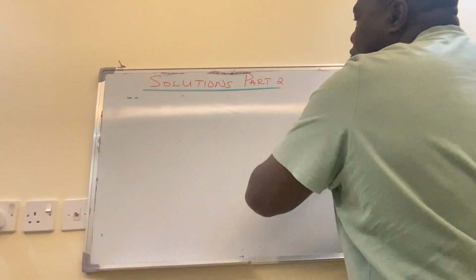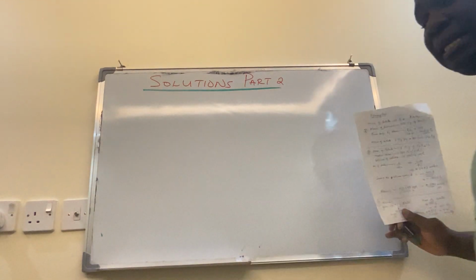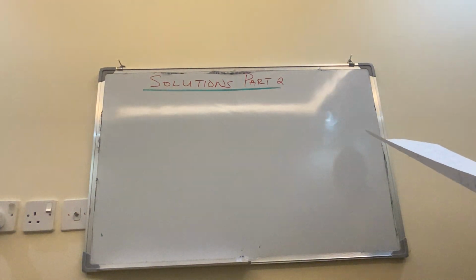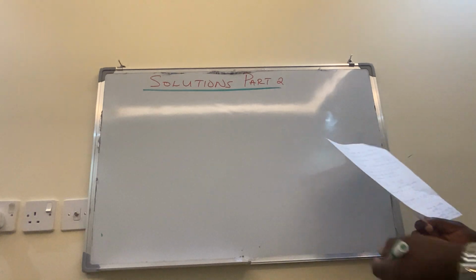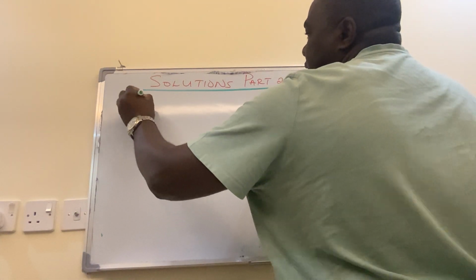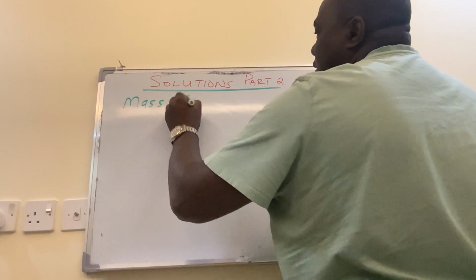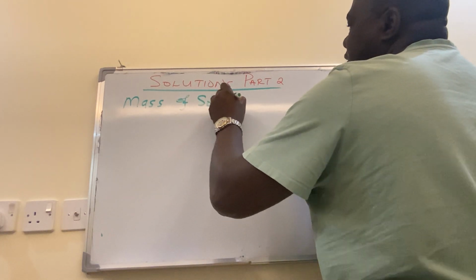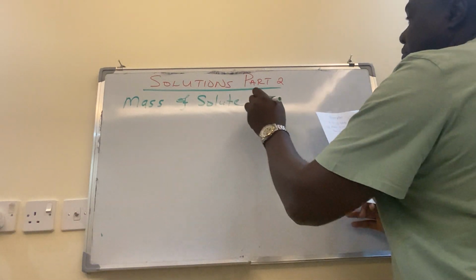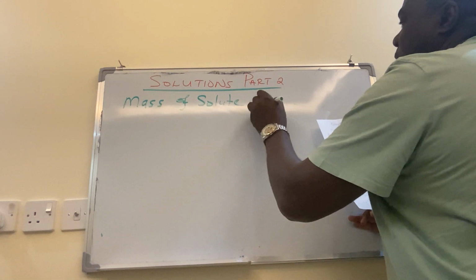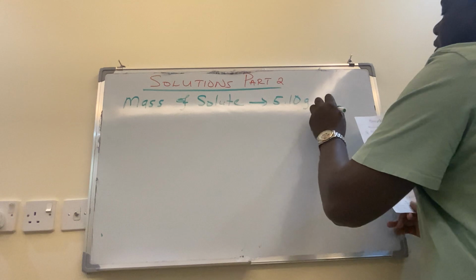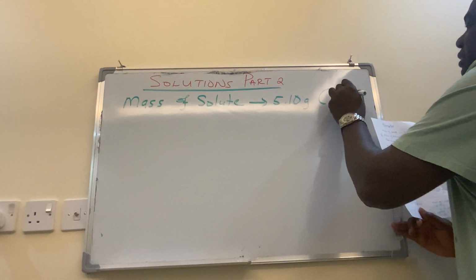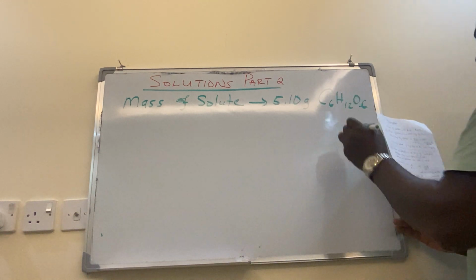Right. So we now move on to molarity. What was the data provided here? The data provided here was mass. The mass of solute provided here was given as 5.10 grams of glucose, C6H12O6.